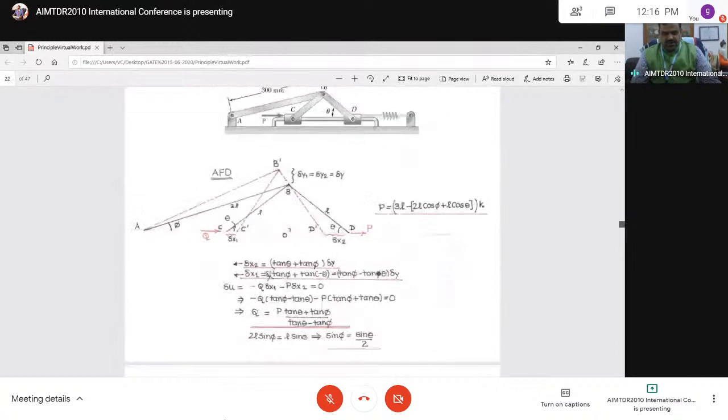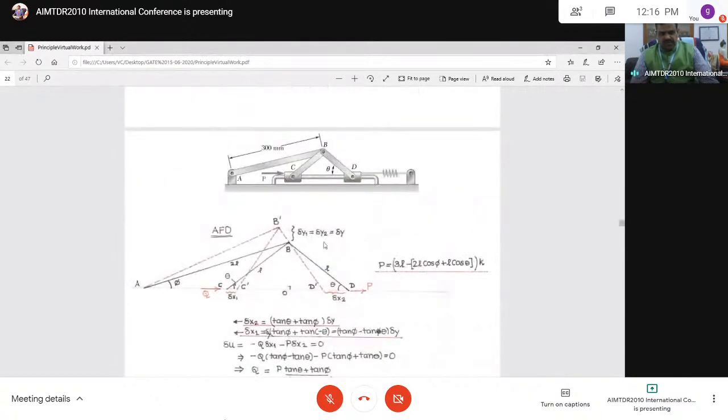This is what you can consider the free body diagram. This is the Q, this is the P. Okay. Initially C, B, D, that is the initial diagram. This is L and this is L. In this bar 300 mm, it is 2L.